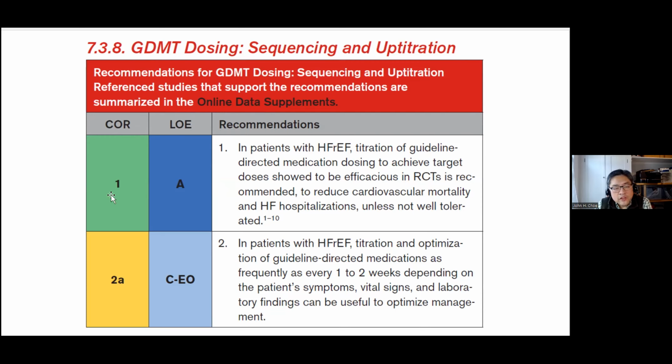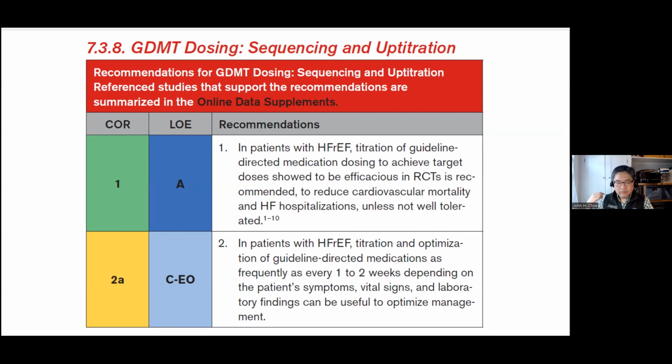Their top recommendation here says in patients with HFrEF, titration of this is good. It reduces cardiovascular mortality and hospitalization unless the patient has side effects. And their level of evidence is very high in terms of the strength of evidence as well as the quality of that evidence.